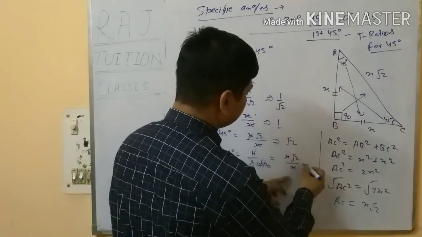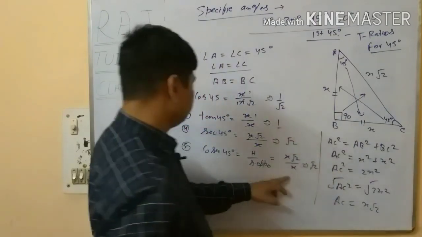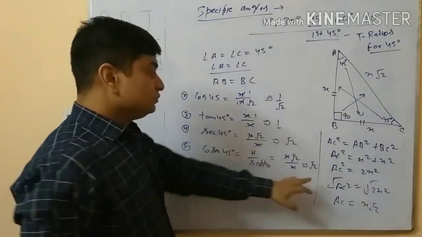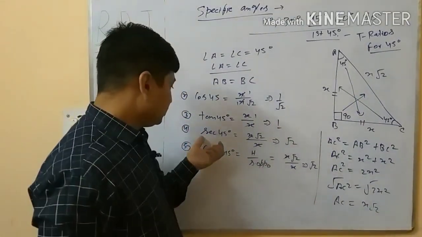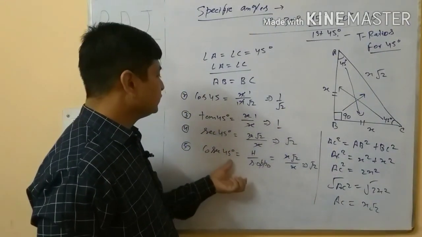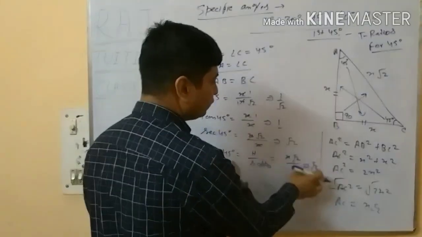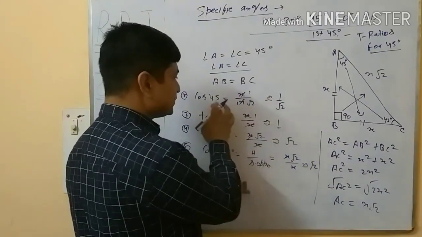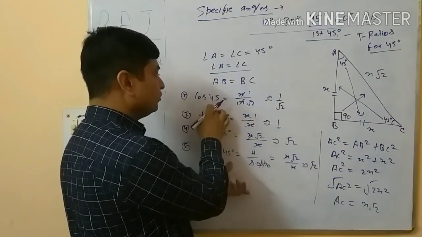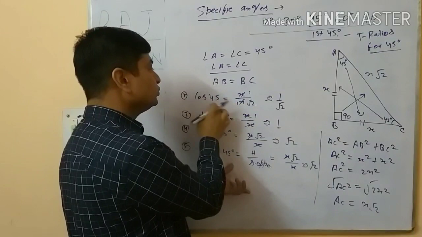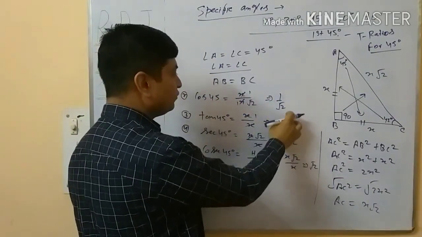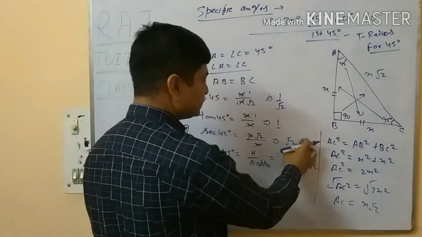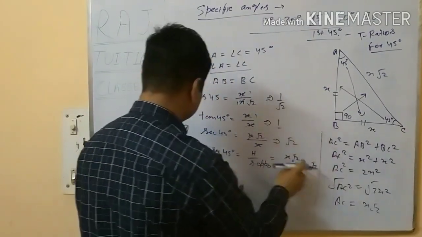So it will have a value of root 2. So sec and cosec have the same value for 45 degree. 45 degree is a specific value of angle when sine and cosine have the same value, 1 upon root 2, and sec and cosec have the same value, root 2.